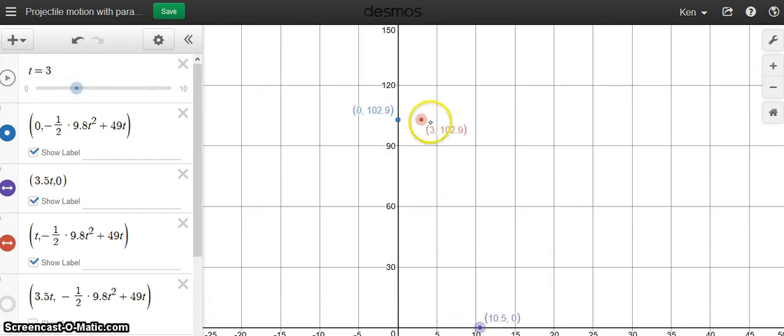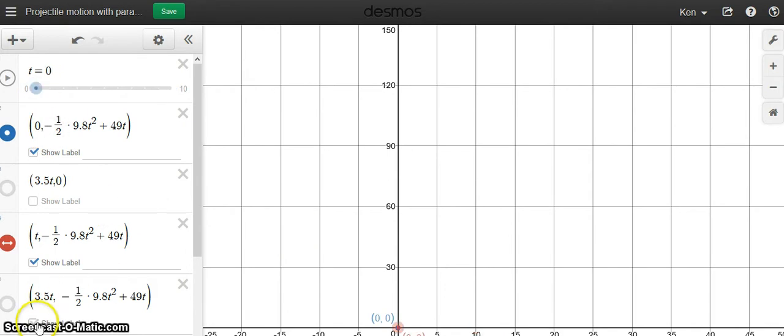Notice this point here. Actually, this is the time against the height. Let's look as the height goes up, as time moves, it's going up, up, up, up, and then starts coming back down, but notice it's only 10 seconds long.